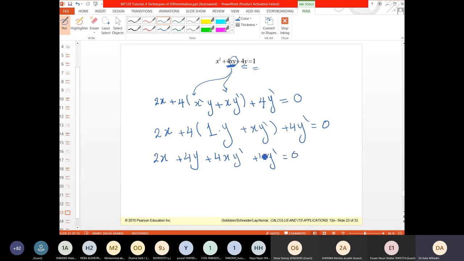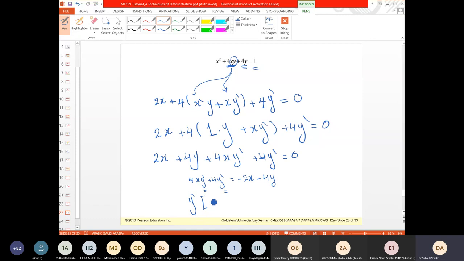What should I do? Keep the y dash on one side and whatever else goes to the right hand side. So this will be 4xy dash plus 4y dash equal minus 2x minus 4y. What should I do now? I can see the y dash appears 2 times.